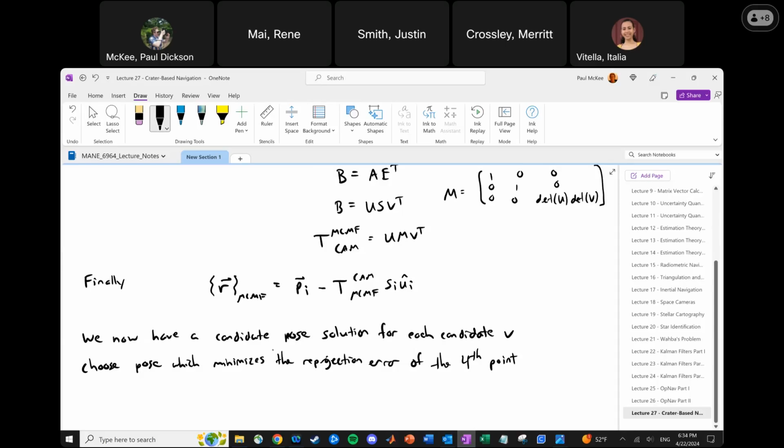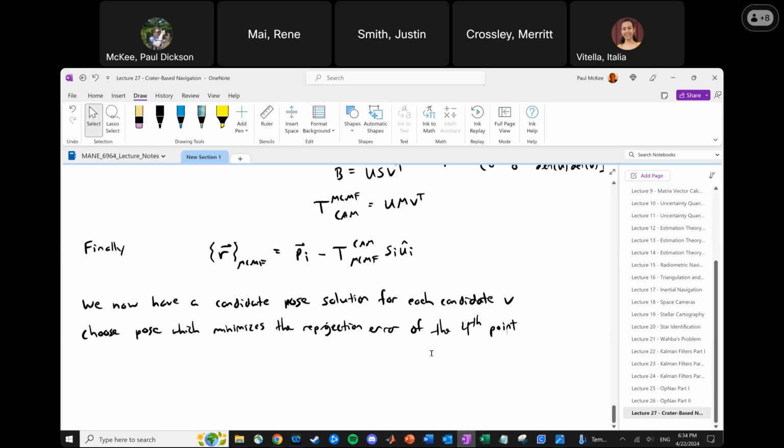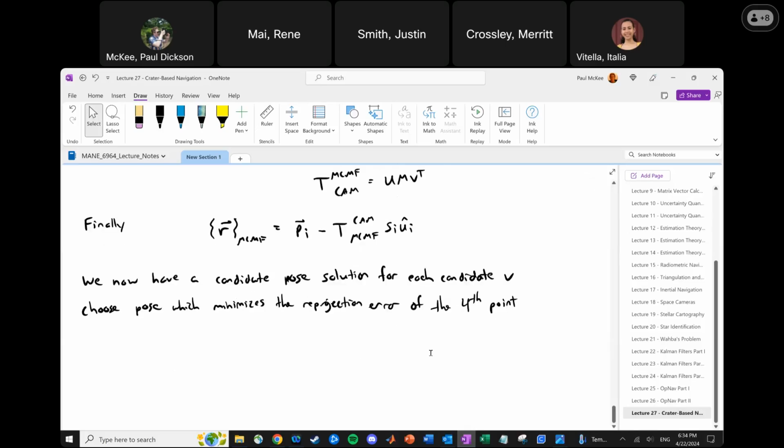So let's go back to that equation. What do I mean by reprojection error? What I mean is we can compute where the crater 4, 5, 6, however many other craters you have, should be in the image, assuming our pose is correct. And then you can just take the angle between where it should be and where it is. And that's basically it. So if we write this equation again, Pi is the spacecraft position plus T from camera to MCMF, Si, Ui.